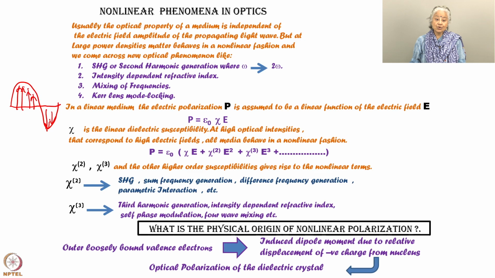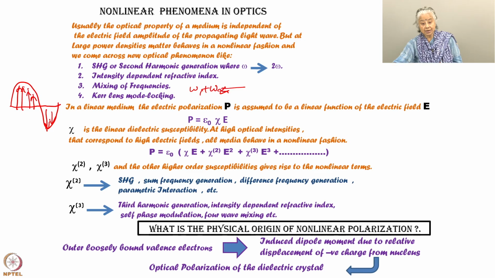Okay. Then you have something like mixing frequencies. Mixing frequencies is almost the same as harmonic generation here. Okay. It is similar. In mixing, you just have, say, omega 1 plus omega 2. When your input is omega 1 and omega 2, you will get a new frequency of omega 1 plus omega 2. That is called mixing.